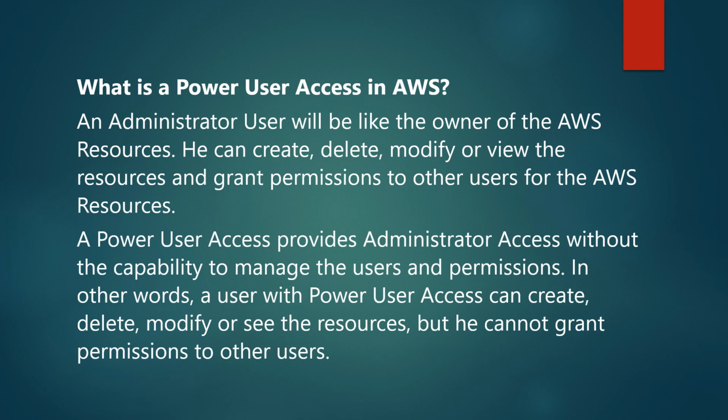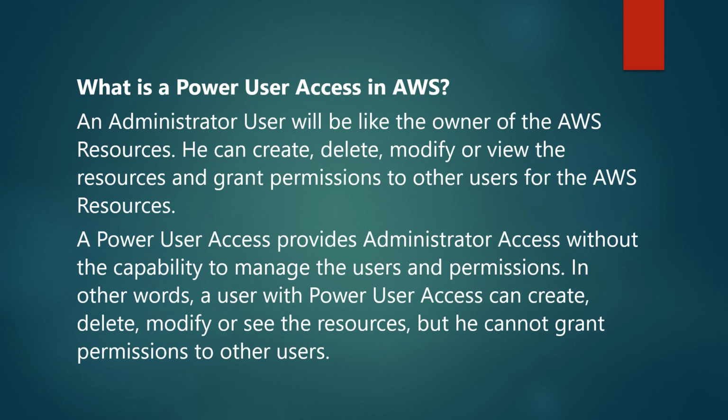What is power user access in AWS? An administrator user will be like the owner of the AWS resources. He can create, delete, modify, or view the resources and grant permissions to other users for the AWS resources.